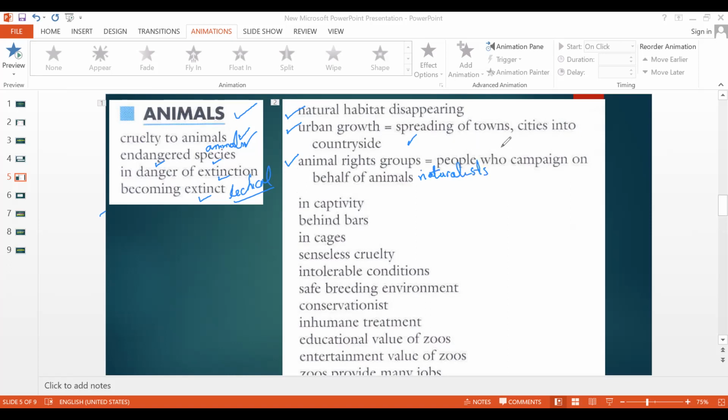Some group of people who campaign on behalf of means defend of. So they defend in favor of the animals. Yes, what else? In captivity, behind bars, in cages. Thank you, Ahmed.